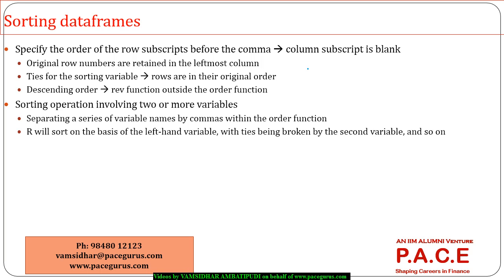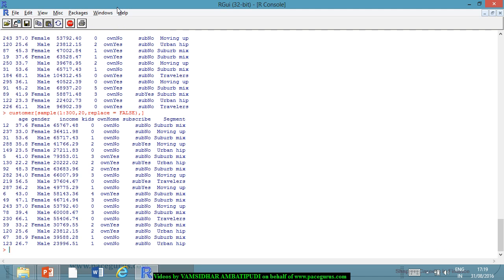Then the next part that I'm looking at here is how to do a sorting of a data frame. Right, now that I got a data frame with 300 rows here, let's say I want to sort it on the basis of the age of the people here. Right, I want to sort them on the basis of age.